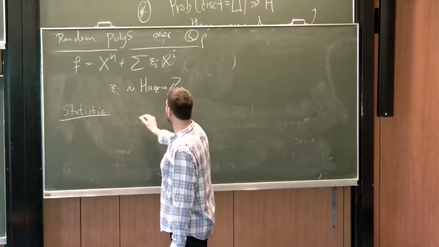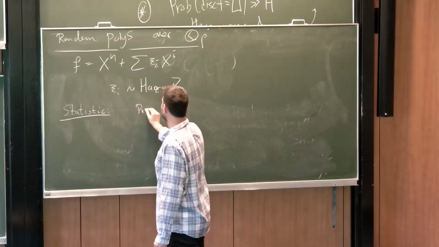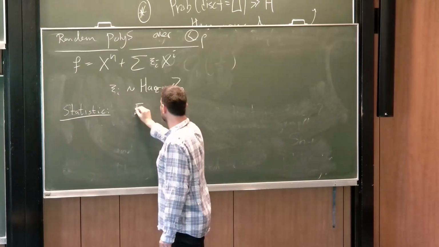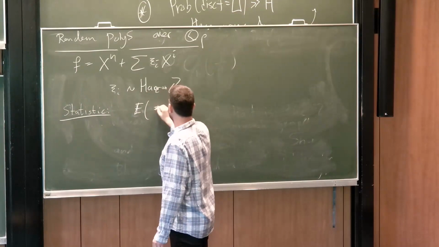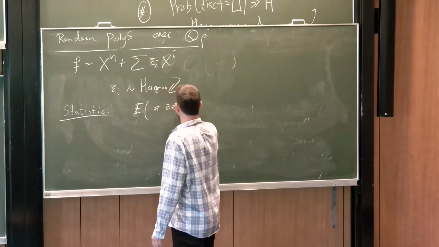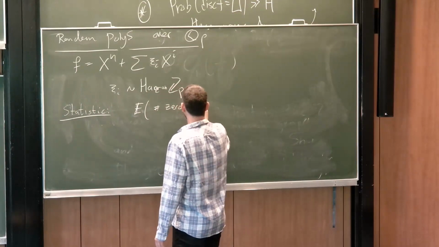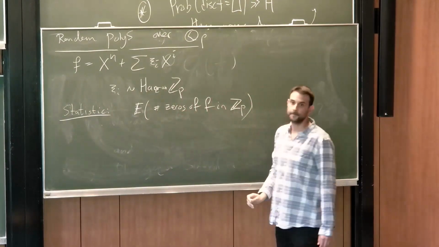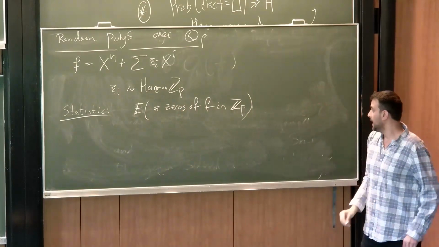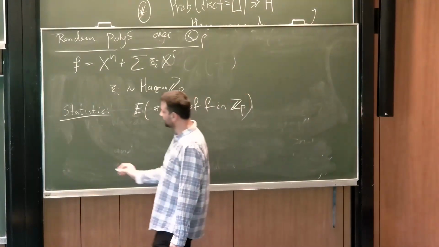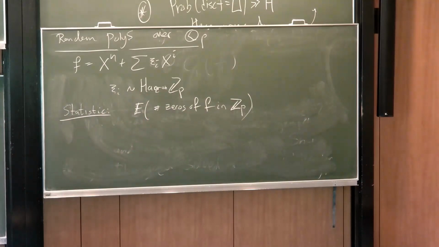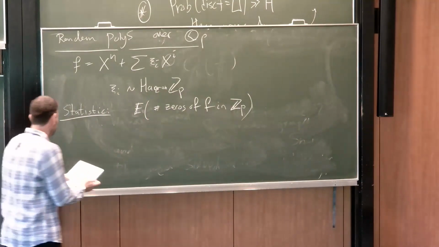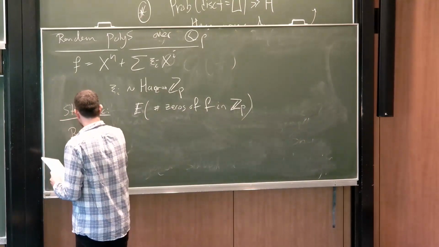So you want to understand the average of the number of zeros of the polynomial.